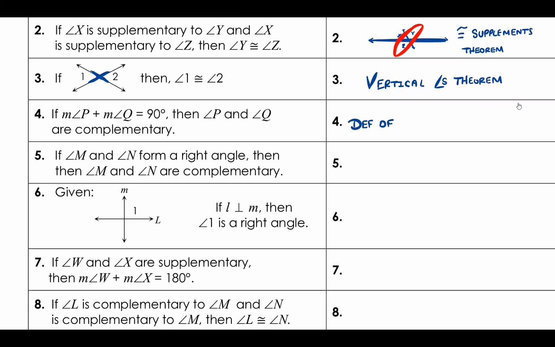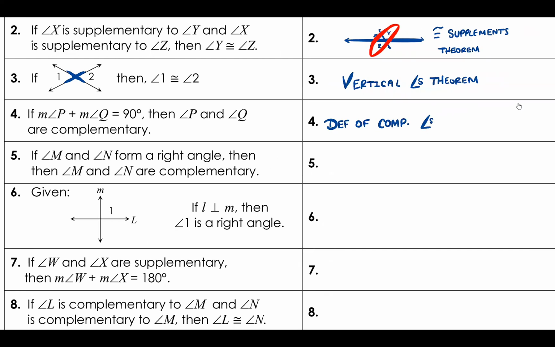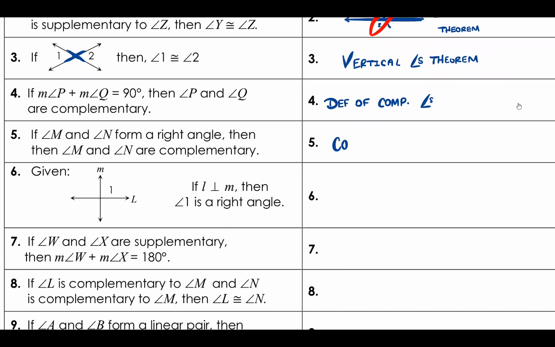If two angles add up to be 90, then they must be complementary. If M and N form a right angle, then M and N are complementary. That's the complement theorem.